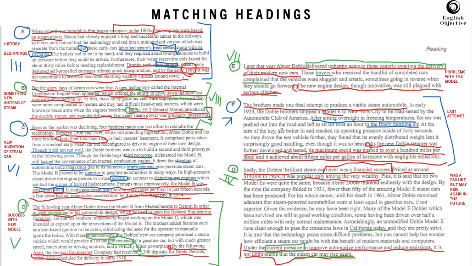At the turn of the key, so this is when they start, the boiler lit and reached its operating pressure inside of 40 seconds as they drove the test. So this is a test vehicle. Further, they found that its evenly distributed weight lent it surprisingly good handling even though it was so heavy.